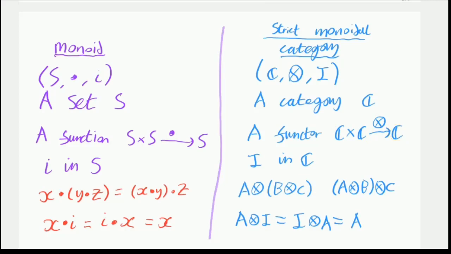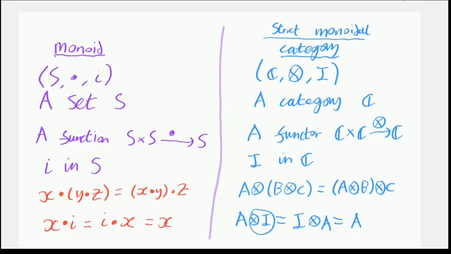And instead of just having an element I in this set S, let's have an object, capital I. Again, we're going to assume that this multiplication operation is associative, in the sense that A times B times C is equal to A times B times C, and also that this capital I, which is often called the monoidal unit, is neutral with respect to multiplication.